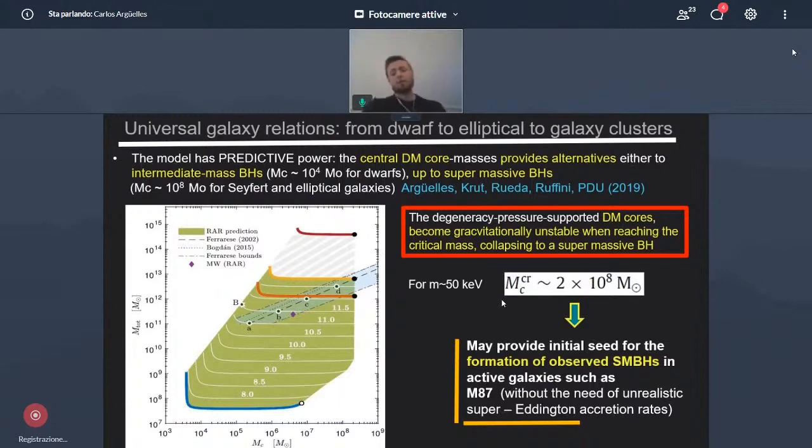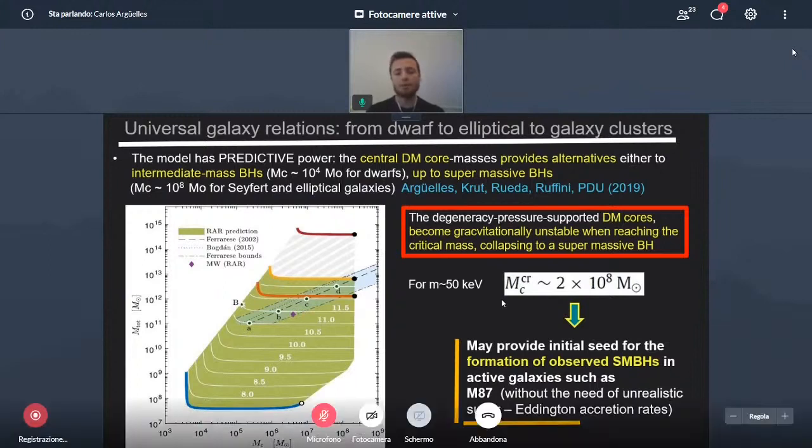So this is interesting, because you may think that at formation, at high redshift, this binary relaxation generates this core-halo structure, in which in some cases the core is critical and collapses to a supermassive black hole of 10^8, and provides the seeds for subsequent accretion to form supermassive black holes of 10^9, 10^10, for example, as the recently observed M87, which otherwise would be difficult to explain with normal seeds, because you would need above super-Eddington accretion rates.